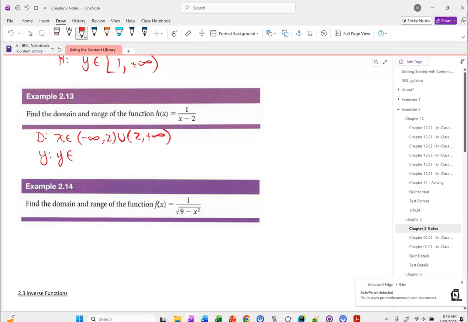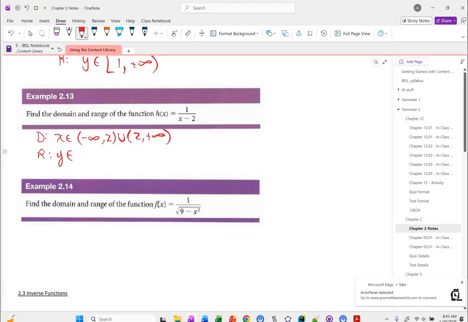Okay. What's the range going to be? How many x's are we missing from our domain? Just 1, right? Just everything but 2.